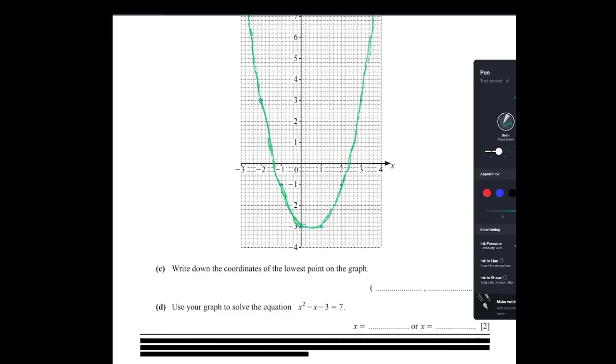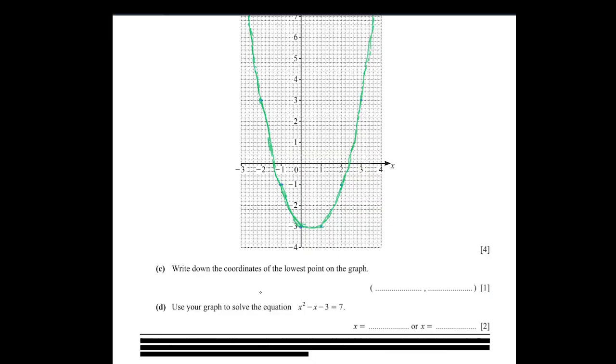X coordinate of the lowest point is minus b by 2a. So here a is 1 and b is minus 1.